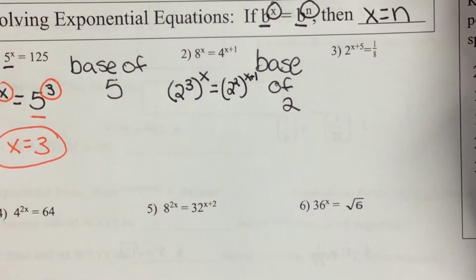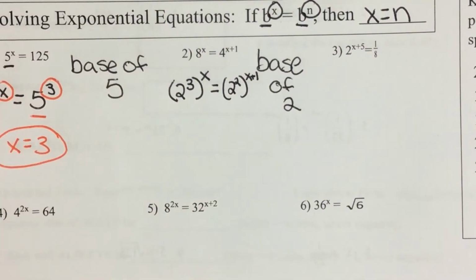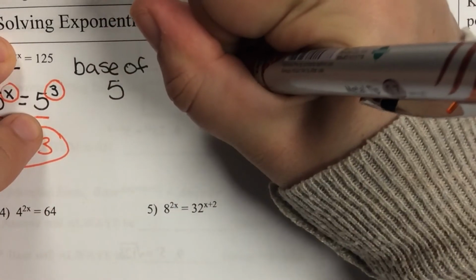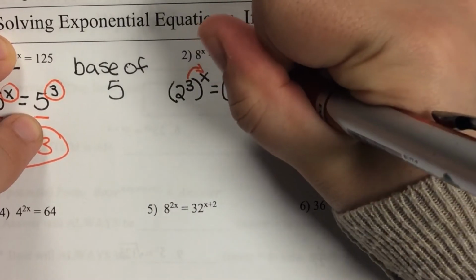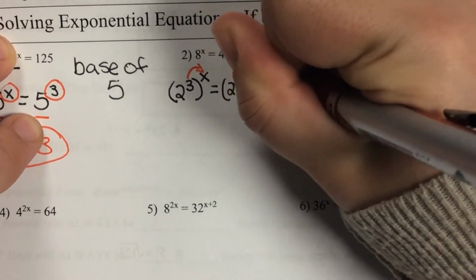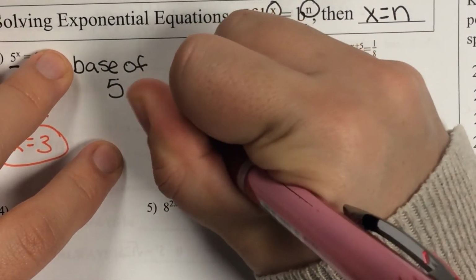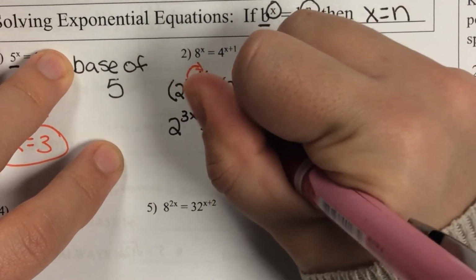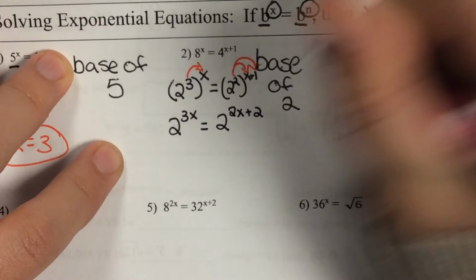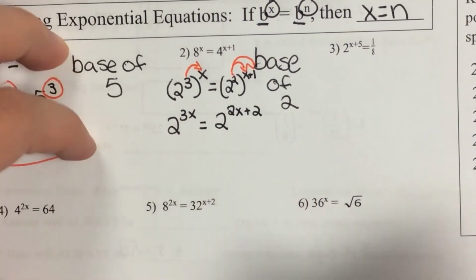Okay, so we're still not completely done because we've got powers to a power here. What do we do when we raise a power to a power? Well, we multiply. We're going to do the 3 times the x, and here we're going to take that 2 and distribute it to both the x and the 1. So we're going to have 2 to the 3x power equals 2 to the 2x plus 2 power, because we took that 2 times x to get 2x, and that 2 times 1 to get 2.